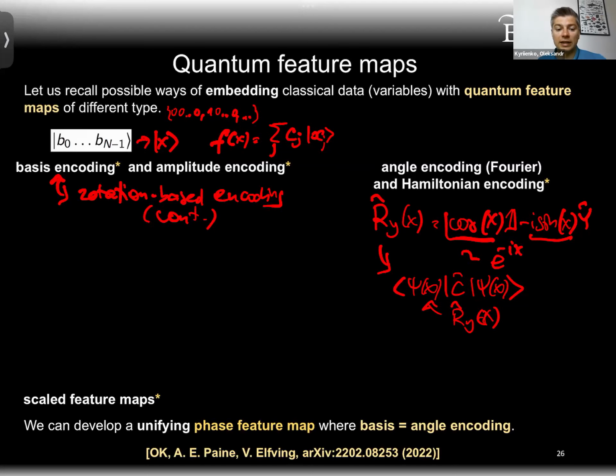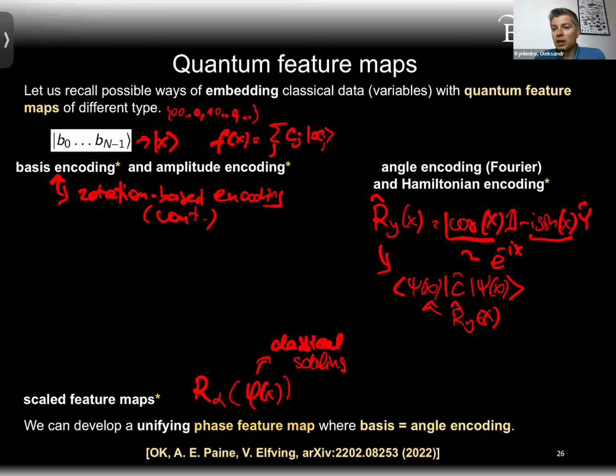We can also apply scaled feature maps with an example of arcsine, but generally for any rotational gate, let's say around axis alpha, I can apply phi of x, where this is a classical scaling. And that also helps, because sometimes we don't want to work with just Fourier basis, because we will be fitting models with Fourier polynomials.